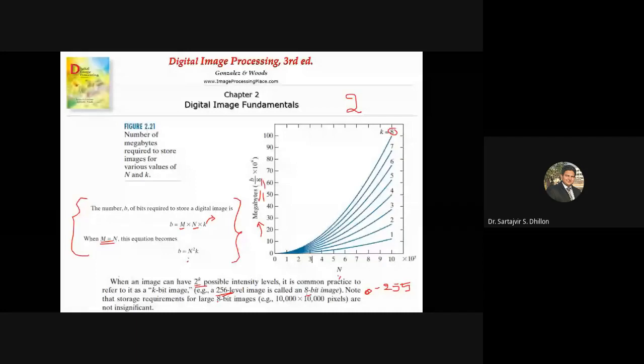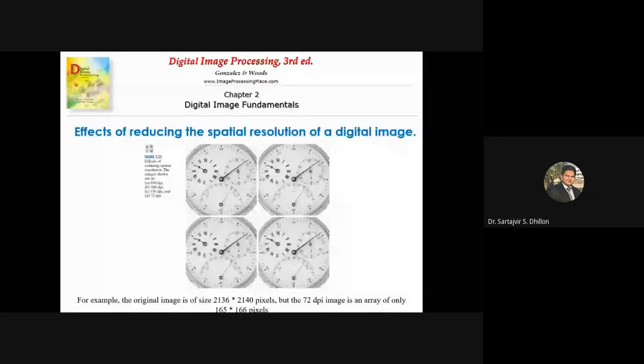Then this k is multiplied with the number of rows and columns. If both are equal, you can consider it as a square and multiply with the number of gray levels. At the end, we can calculate how much data is required to store a particular image.